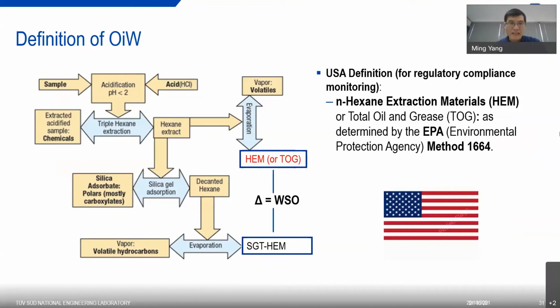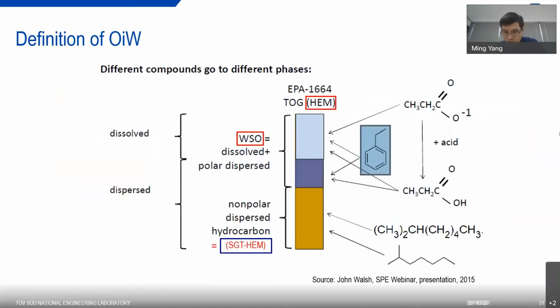Okay, so again, I think it's better perhaps to show schematically the difference between HEM, SGT-HEM, and water-soluble organics. And thanks to John Walsh again, he put together the diagram here. So what you see here is total oil and grease, or hexane extractable material.